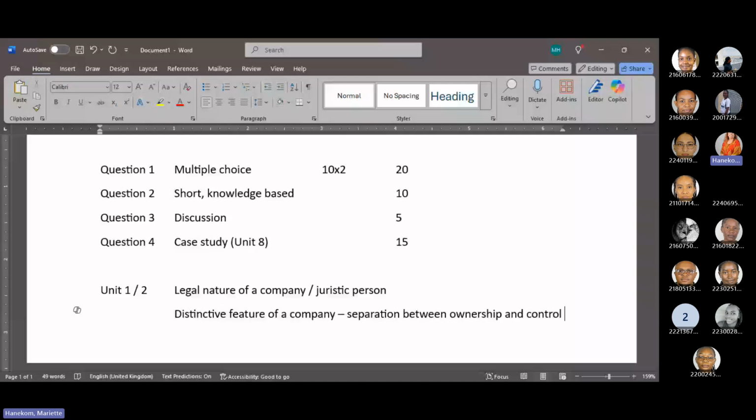Unit 3, let me just quickly remind myself what Unit 3 was.